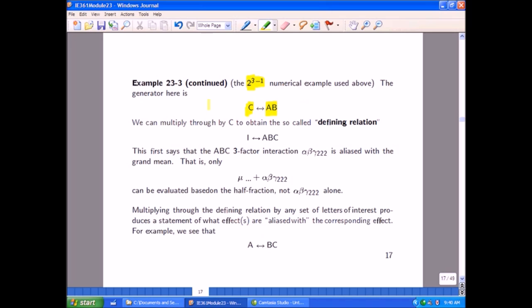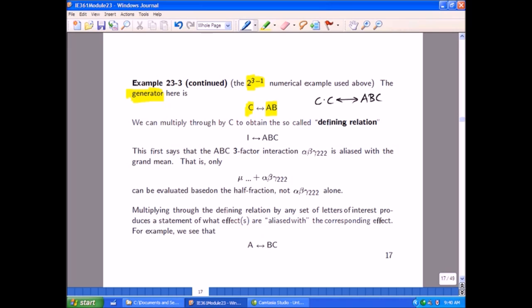This thing is the so-called generator here. If I use my methods of formal multiplication, I could take this statement and multiply left and right by C, and write C times C is equivalent to ABC.